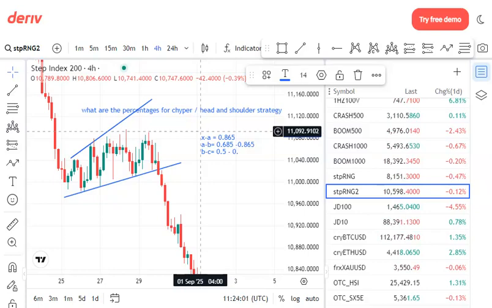So I'll tell you what this means. Then C to D, C all the way to D equals 0.77 all the way to the 161 percentage.